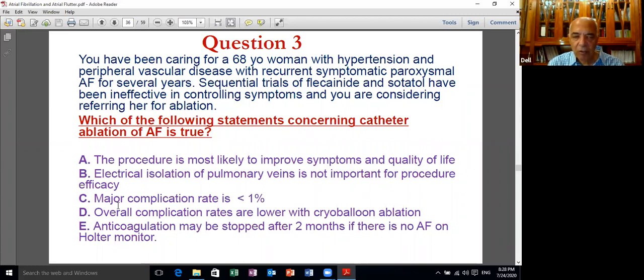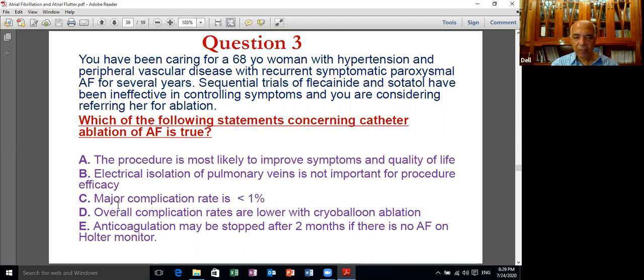Obviously, everyone is looking for reduction of the major complication rate, but we are not still there. It's 2 to 5% in all the publications. In world publications, obviously, it can be higher than that. Overall complication rates are lower with cryoballoon ablation? No, the same complication rates are present for cryoablation and radiofrequency ablation, and I will come to that very soon.